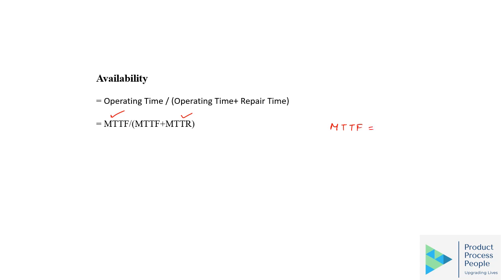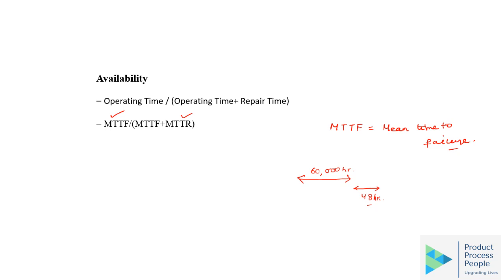MTTF is mean time to failure, right? Mean time to failure. Now, what does it mean? Suppose the same example, the valve, where the valve has operated for 60,000 hours, and after 60,000 hours, it went for a breakdown maintenance of 48 hours, right?